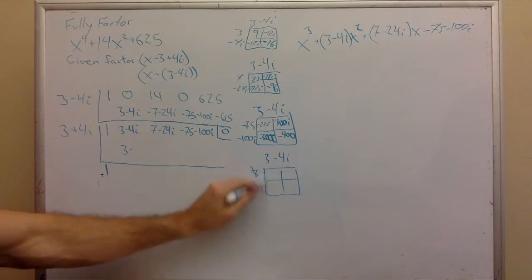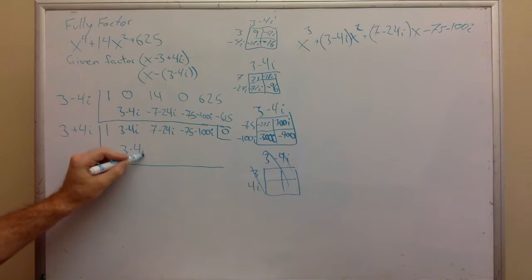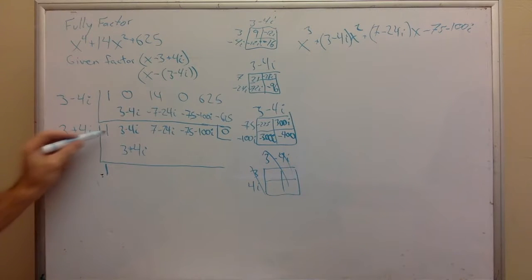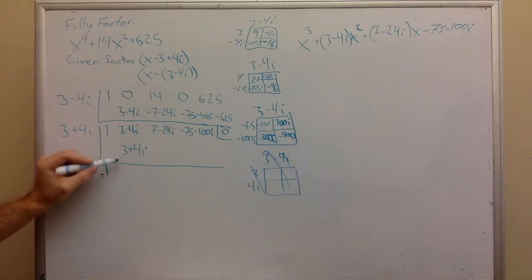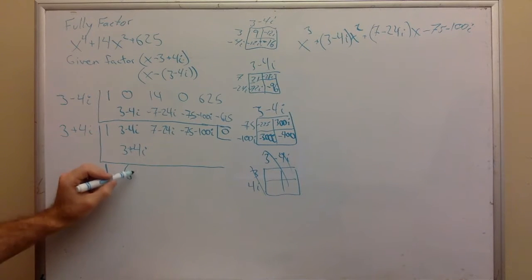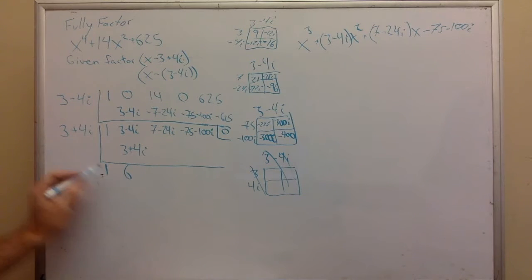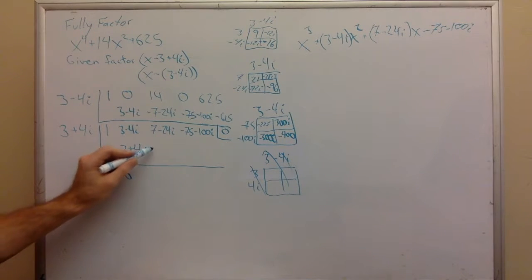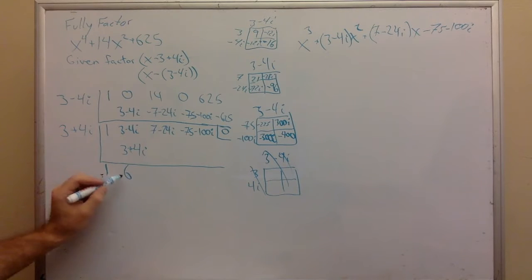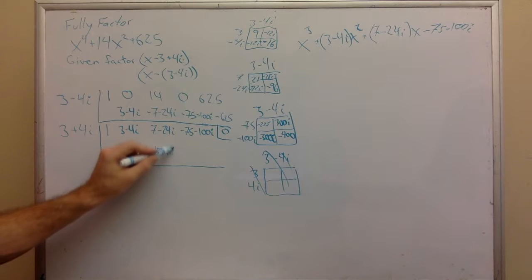I don't even have to worry about that yet. Multiply, I get this. And notice when I add, I get 6 here. These go to 0i, so I'm just going to write 6. And now when I multiply, I'm going to get 18 plus 24i.